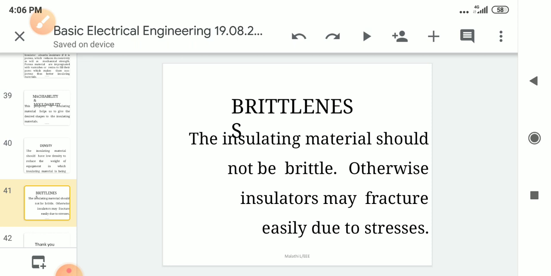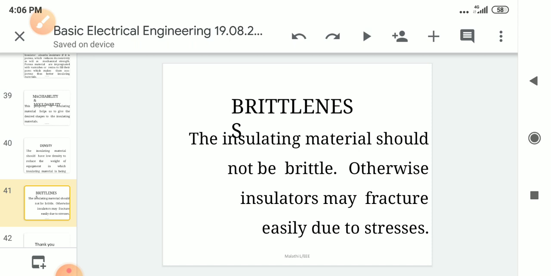We are not justifying what we have to do. Here, what is our wish? We have to provide proper insulation to prevent the flow of current and to prevent the leakage current. If the brittle nature is there, if it is fractured, then in that gap, what will happen? The leakage currents occur. Then we are not giving any shock proofing.